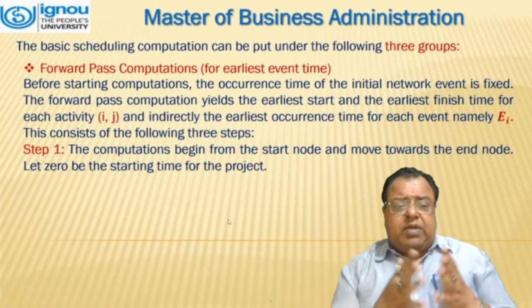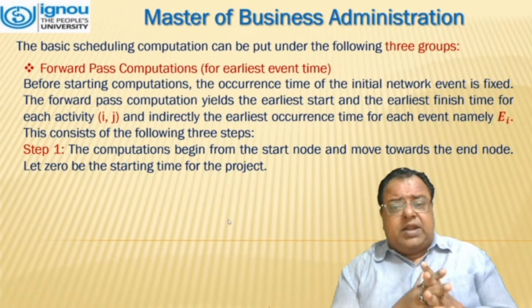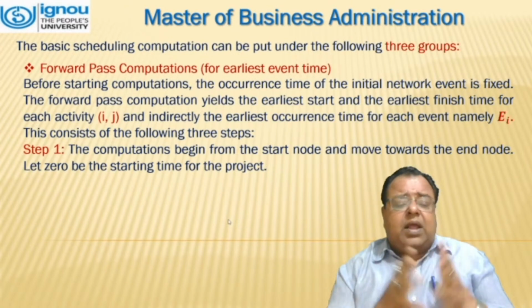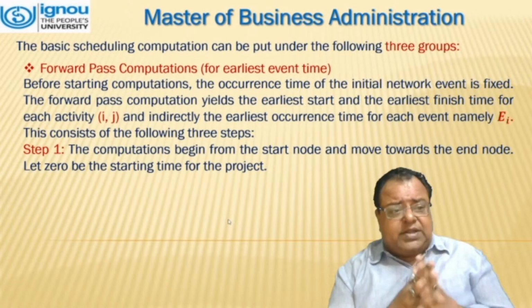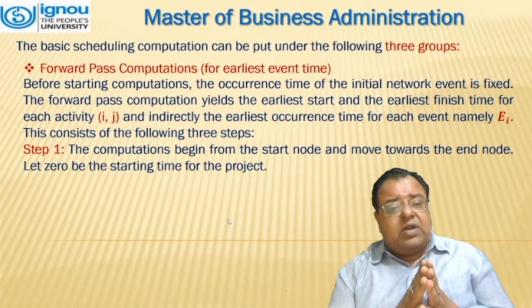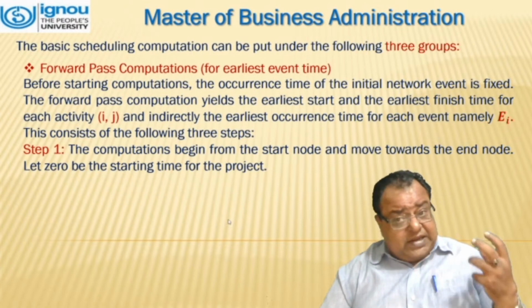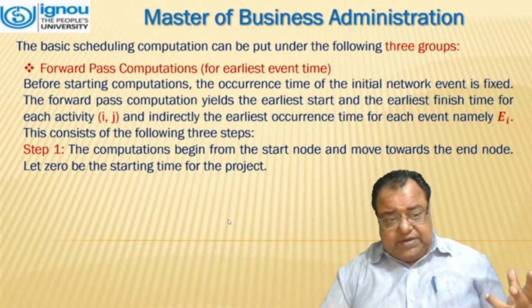The basic scheduling computation can be put under the following three categories. That means we have three steps for how we can complete this. First one is forward pass computation. It is for earliest event time. Before starting computation, the occurrence time of the initial network event is fixed.